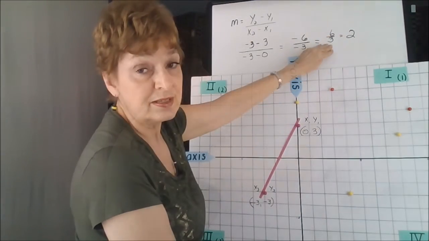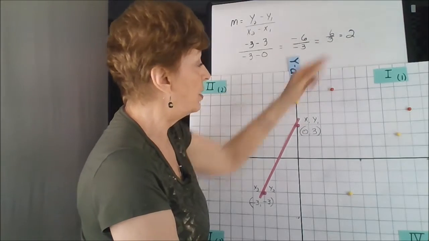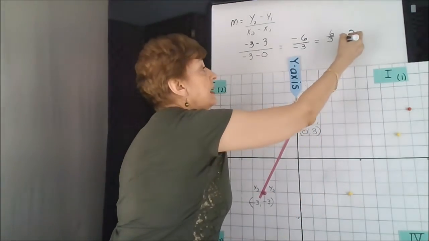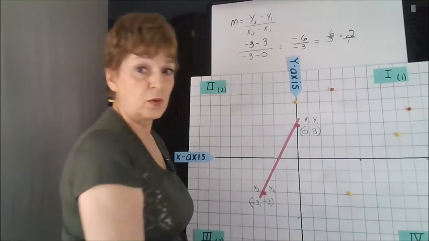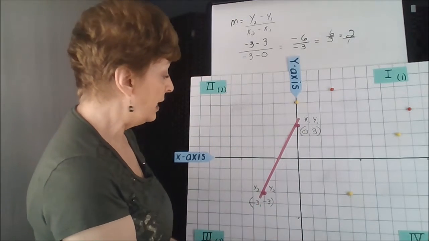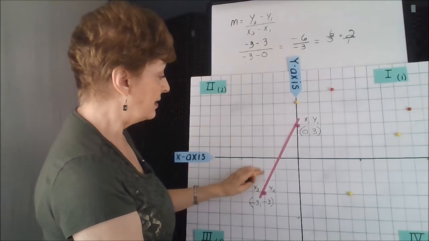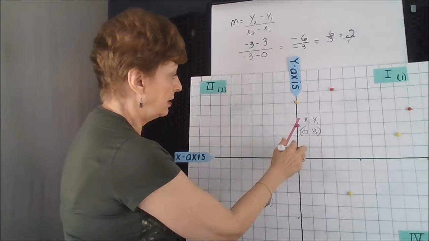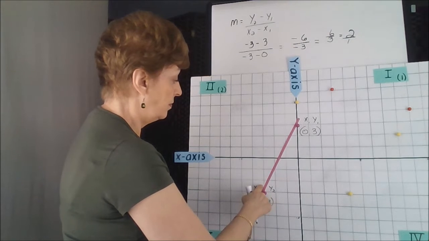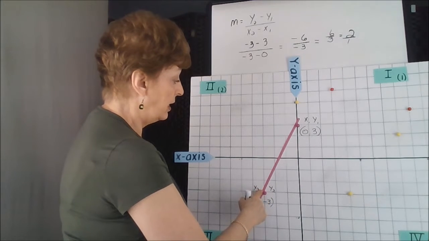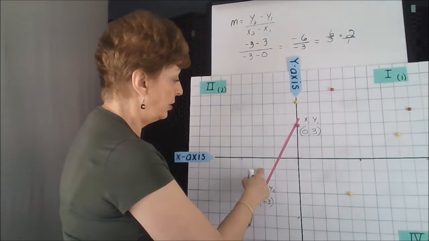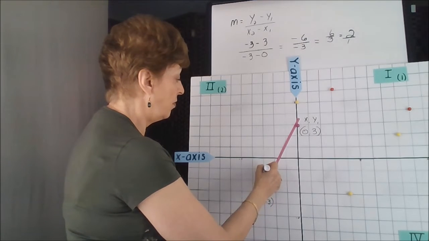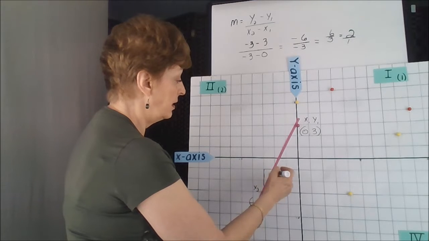We can reduce 6/3 to 2, but for the purpose of the slope in our formula, that would be like 2 over 1. Now that means for every point that's on this graph, wherever we start, we can start right here. We can go up 2 and over 1, and we hit a point.